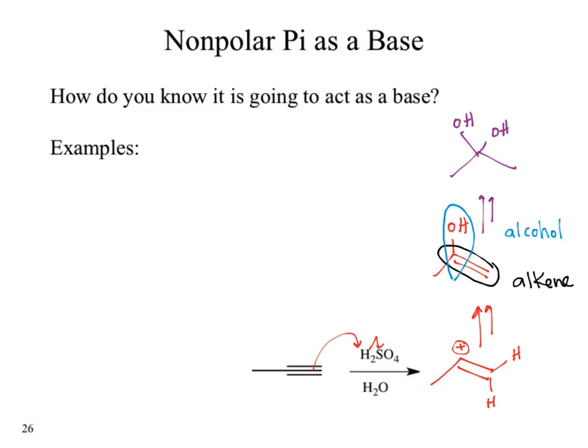Notice my circles are overlapping, which means these are not two different functional groups. This is one functional group. I can't call it an alcohol alkene or an alkene alcohol. I want to combine those. I combine them to become an enol. Enols are insanely important functional groups that we will see again and again and again this semester.